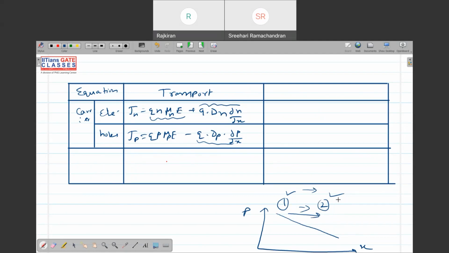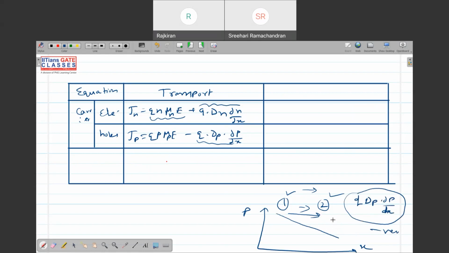But if you see the gradient here, the hole diffusion current is q D_p dp/dx. Here the gradient is negative or positive? The gradient is actually negative, right? If I put it just like this and calculate, you will get negative current.